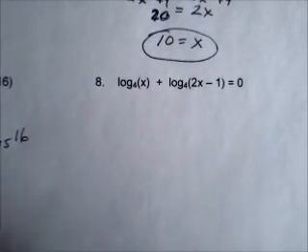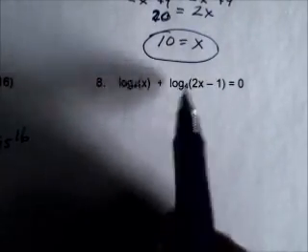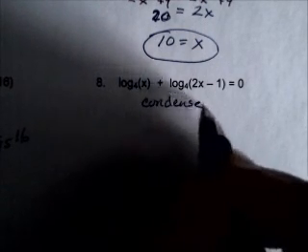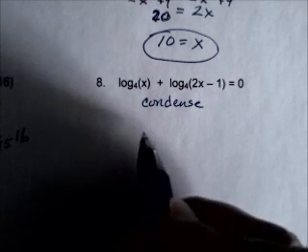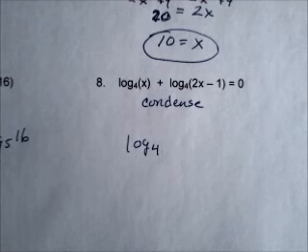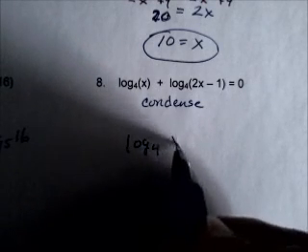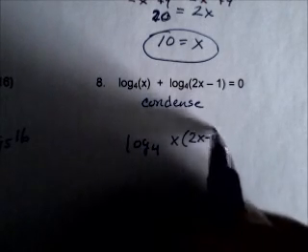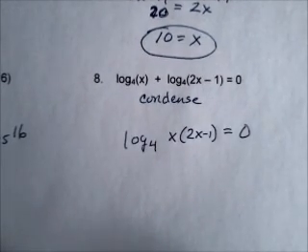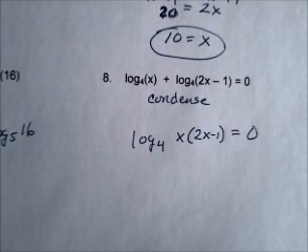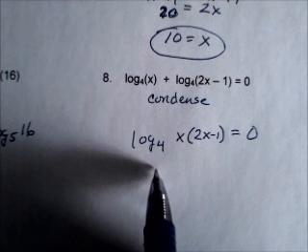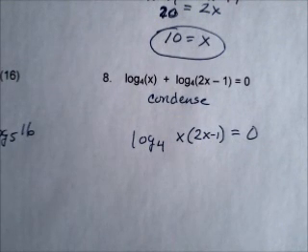Number 8. Again, right away I see the two logs on the left-hand side, so we'll condense. And the plus meant it was multiplication. So log base 4 of x times 2x minus 1 equals nothing on the other side but 0. So this is where we have just a single log, all right? We'll switch to exponential form, okay?